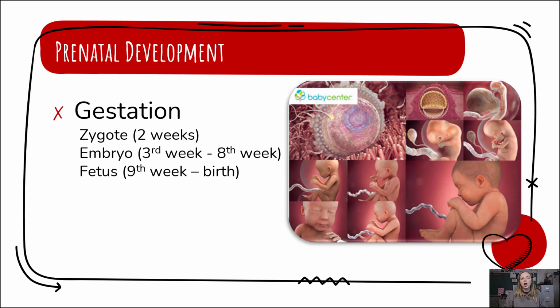Throughout gestation, there are things that can influence the development physically and mentally. These are called teratogens, and teratogens are harmful agents that reach the embryo and or the fetus during prenatal development and can harm the baby's development. One teratogen that you should know about is alcohol, and too much alcohol during gestation can lead to what is called fetal alcohol syndrome.